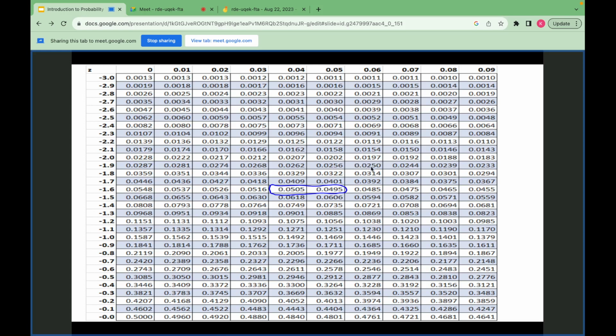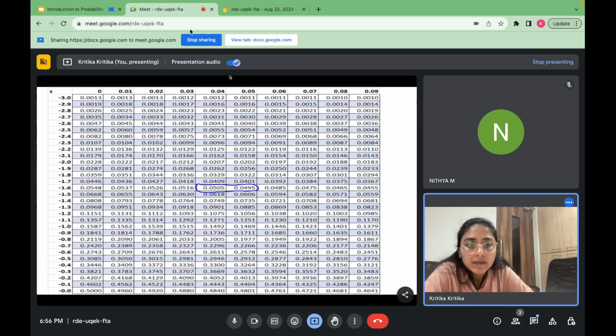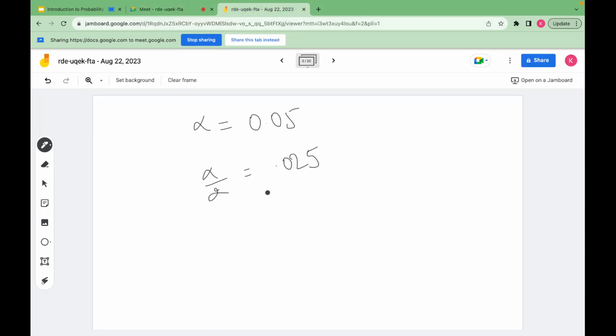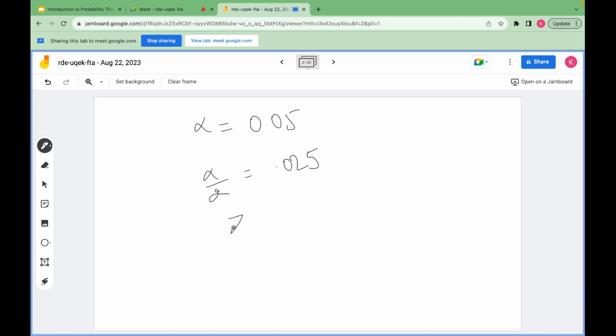Here it is 0.025, and this corresponds to z equal to 1.96. So z alpha by 2 is 1.96.